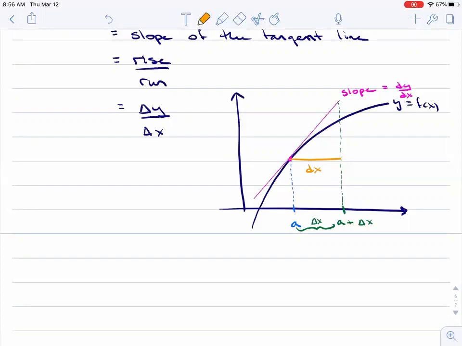The difference though is that my change in y is not the same as my dy. So here, this distance here is my dy, right? Because that's the slope of the tangent line. But my change in y is actually only this portion here, from the curve, right?